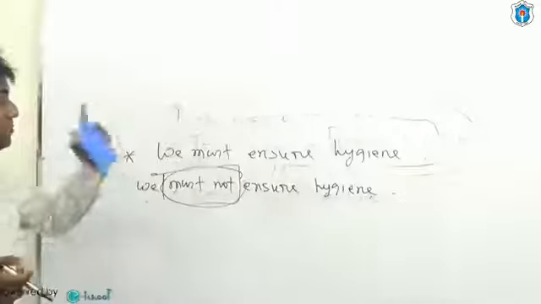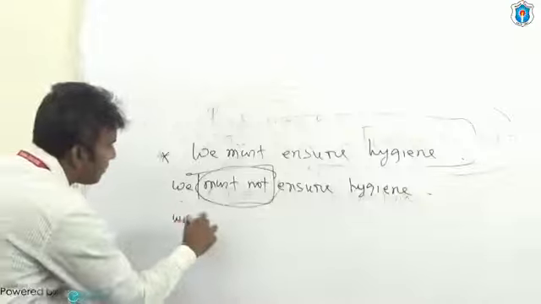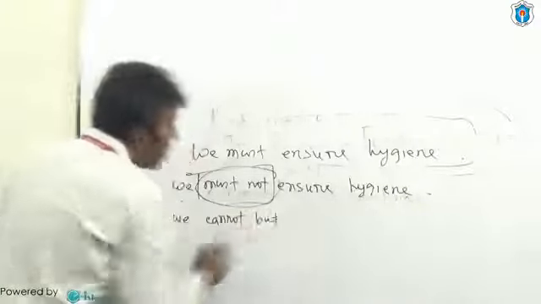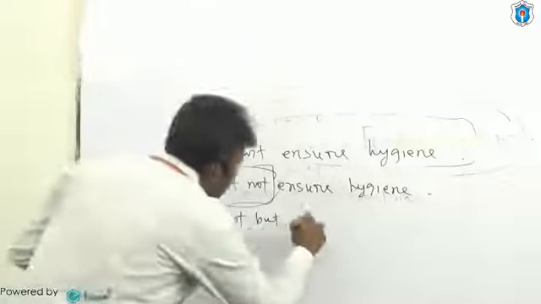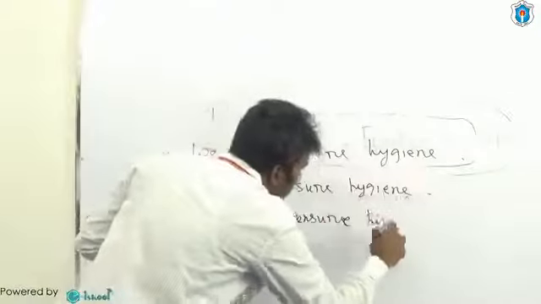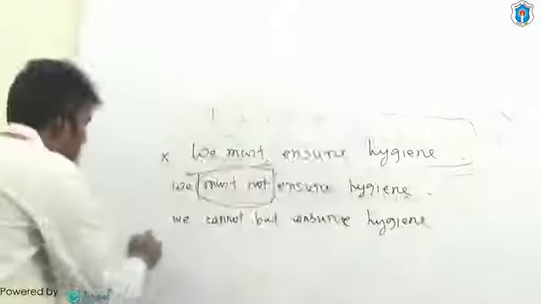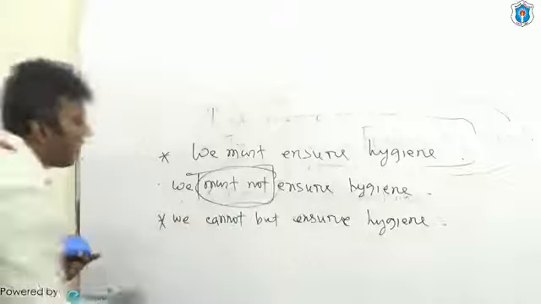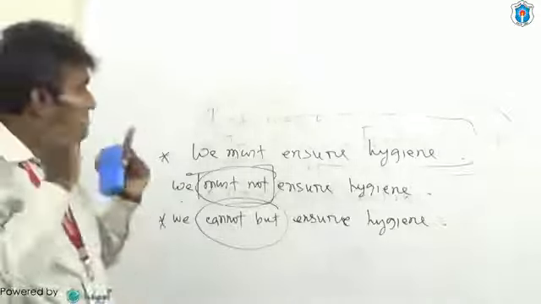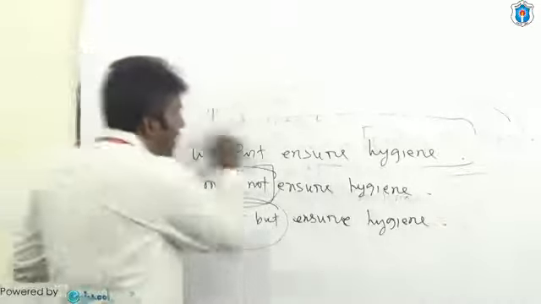If we maintain the same meaning, like we cannot but ensure hygiene. Here, the second option, I have used cannot but. Cannot but maintains the same meaning that we have got in the first sentence.